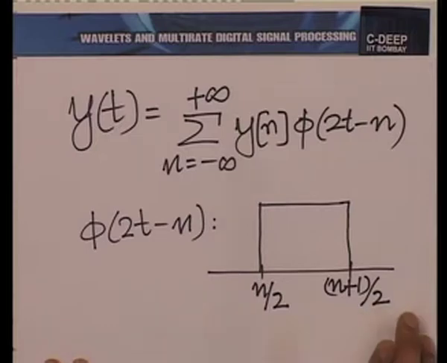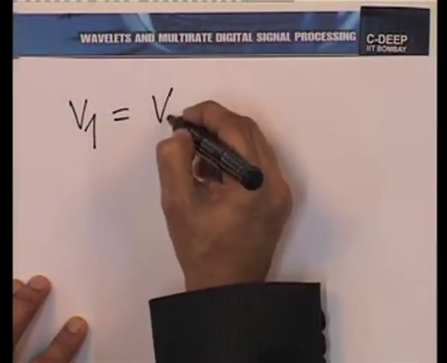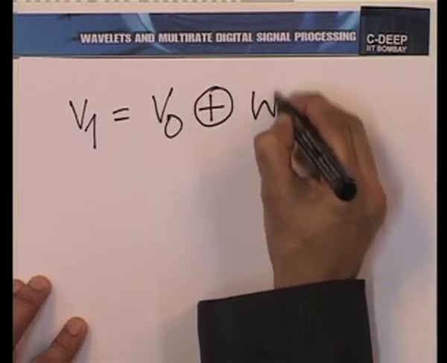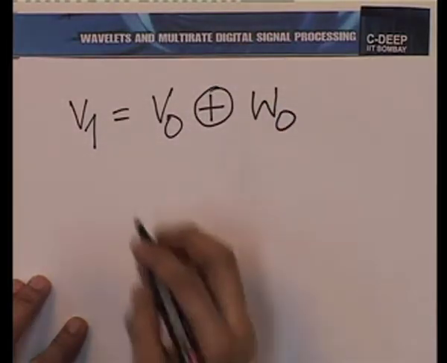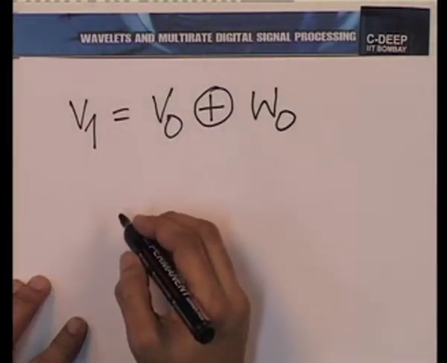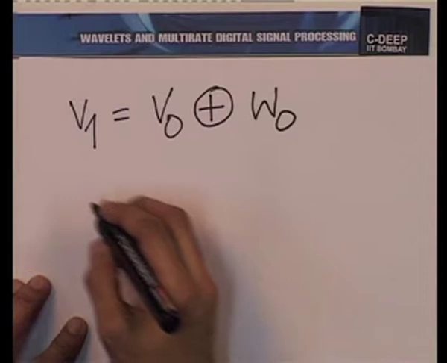Now, after reflecting on this, we must now do exactly what we did. We put down a scheme yesterday for going from the function in V1 to its components in V0 and W0. So, we said we could make an orthogonal decomposition of V1. We said we could write V1 as V0 plus, that is orthogonal sum, W0, and both V0 and W0 could be defined on the standard unit intervals.